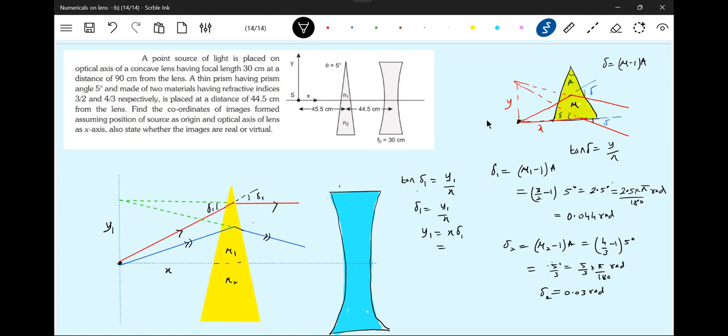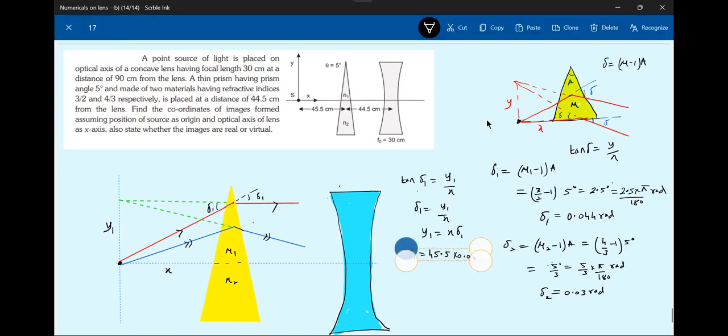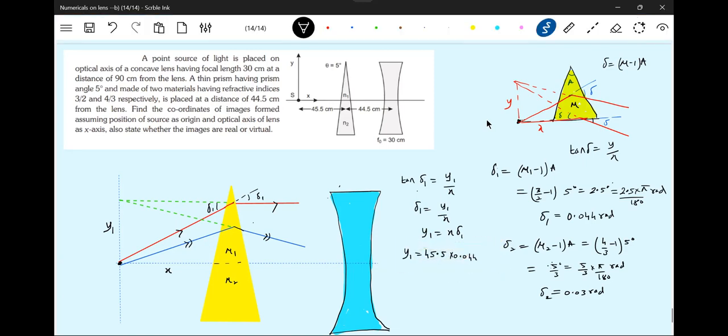What is the value of x? 45 centimeter, into delta 1, which is 0.044. Y1 is approximately 2 centimeter.